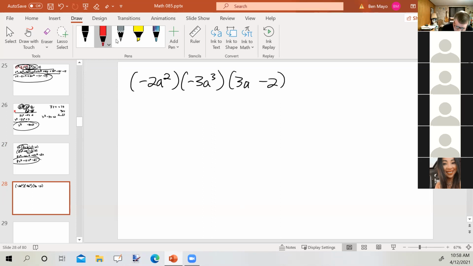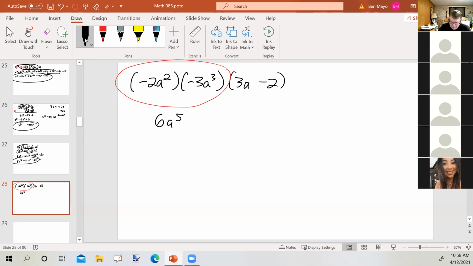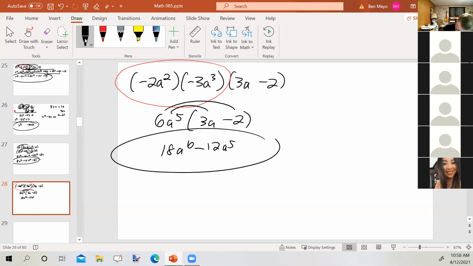Now, multiplying these first 2 factors, those are monomials, so we're just going to get 6a to the 5th. Then we're going to distribute that to that resulting binomial. So we're going to get 18a to the 6th minus 12a to the 5th.